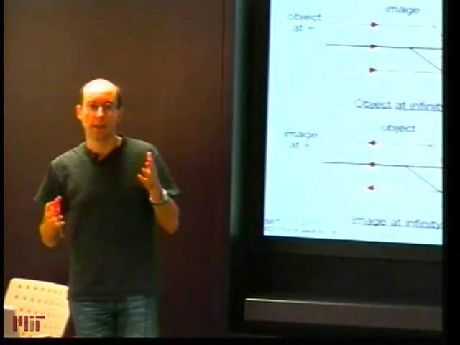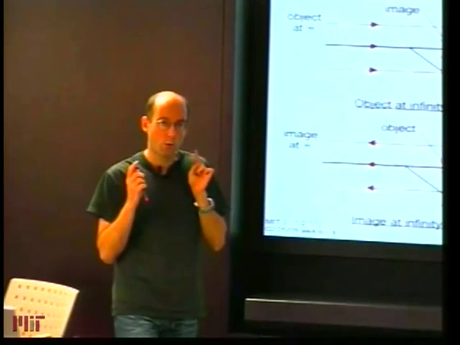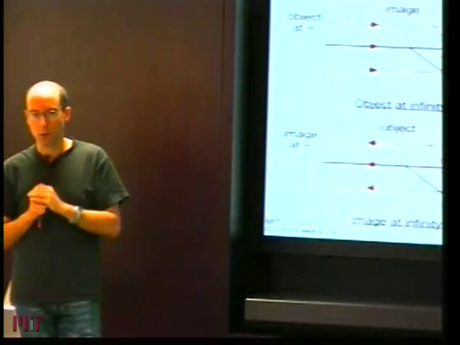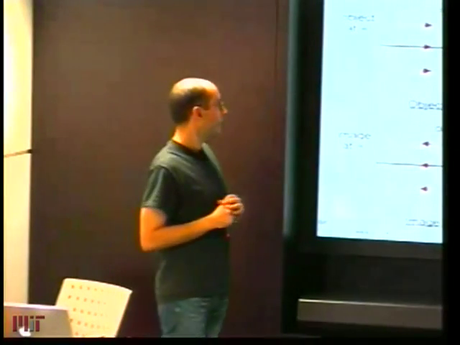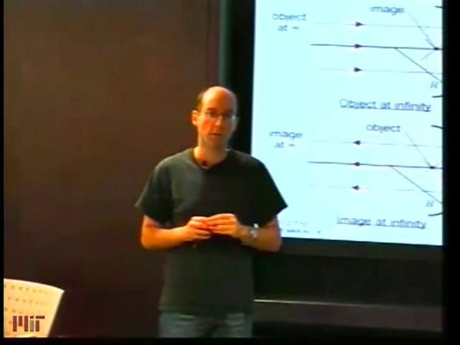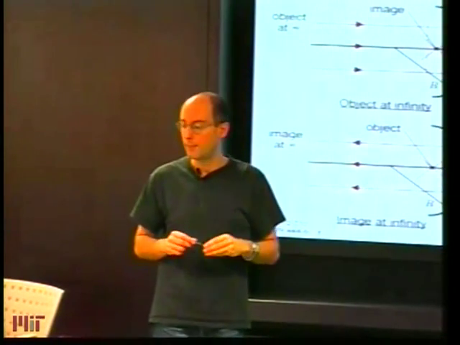Because you want to focus the light on a single point, you go for the parabola. It turns out if you want to form a bigger image, then the parabola is not very good. So people actually make spherical mirrors.